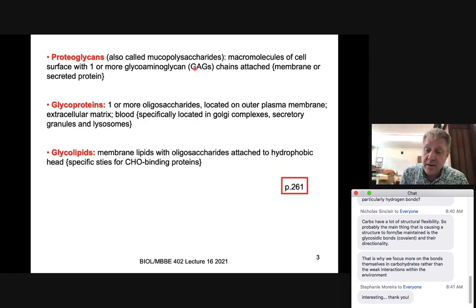Then we have the other components which are going to be a part of the cellular membrane, particularly the lipids. And these too act as targets for carbohydrate attachment. Again, we might see oligosaccharides, this time being attached to the hydrophilic head of the lipids, with that long alkyl chain. So think about our micelles and our lipid membranes we talked about way back.